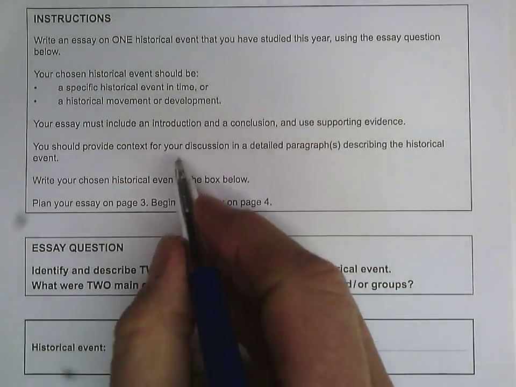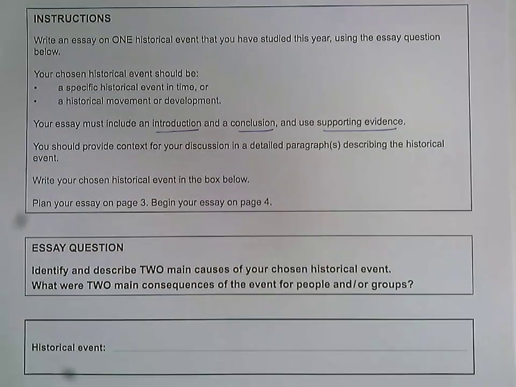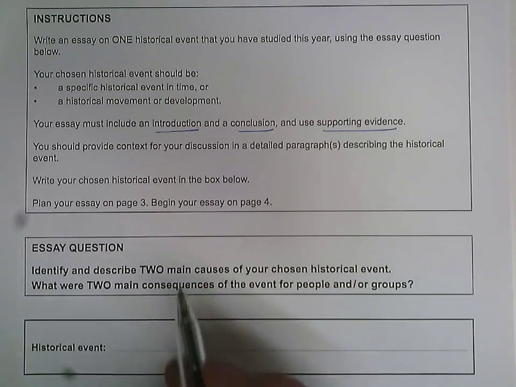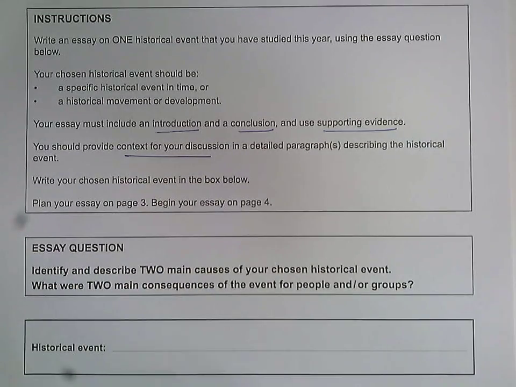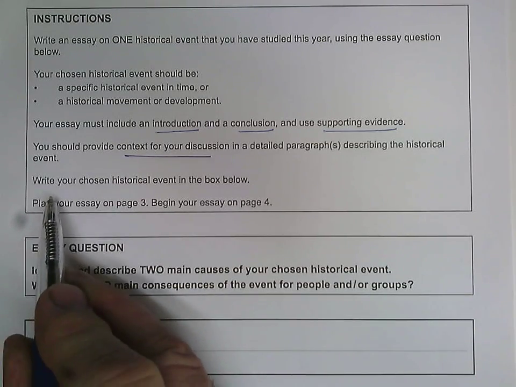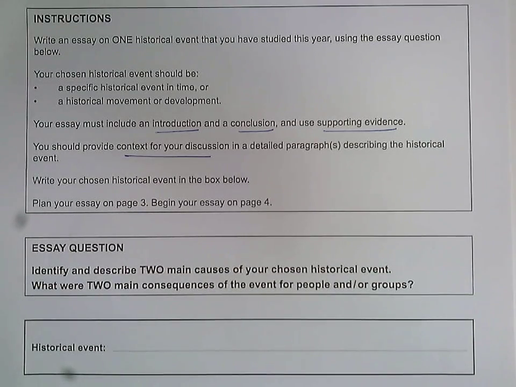Your essay must include an introduction and a conclusion and use supporting evidence. You should provide context for your discussion in a detailed paragraph or two describing the event. So the first thing is to write your chosen historical event in the box below.